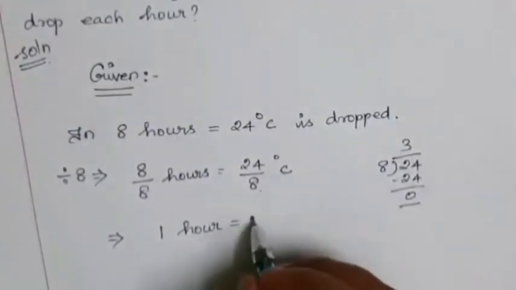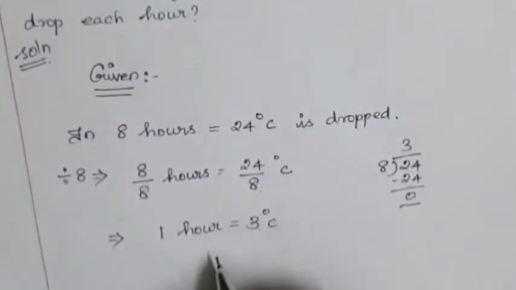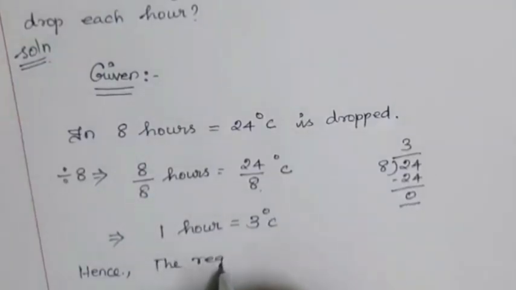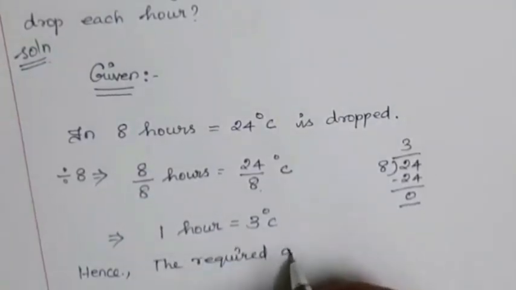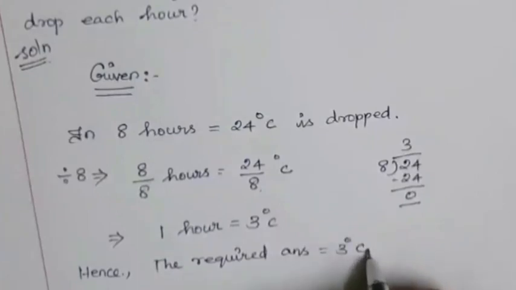Dividing 24 by 8 we get 3 degrees Celsius. Therefore, in 1 hour 3 degrees Celsius is dropped. Hence the required answer is 3 degrees Celsius.